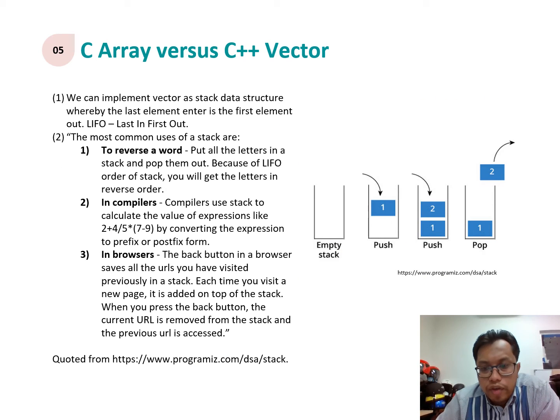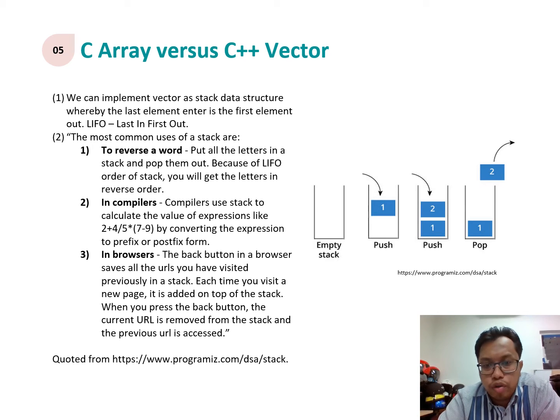You can visualize the dynamic, the movement of the data in the vector, as a stack. First we have the empty stack. When you use the push function, you basically add the data into the vector.